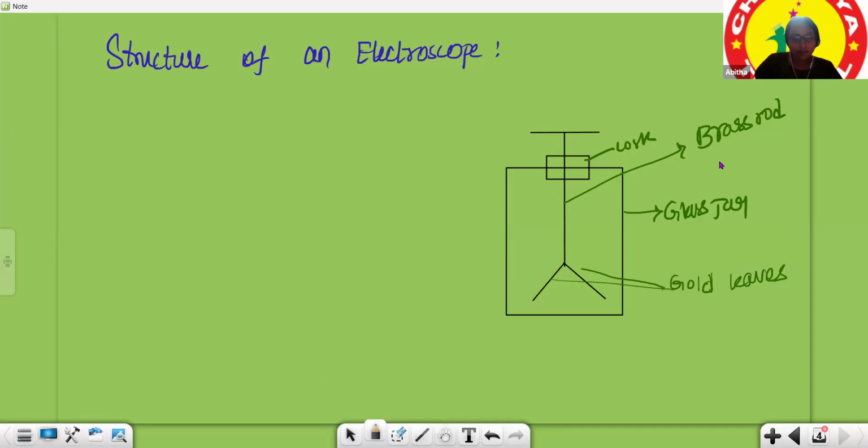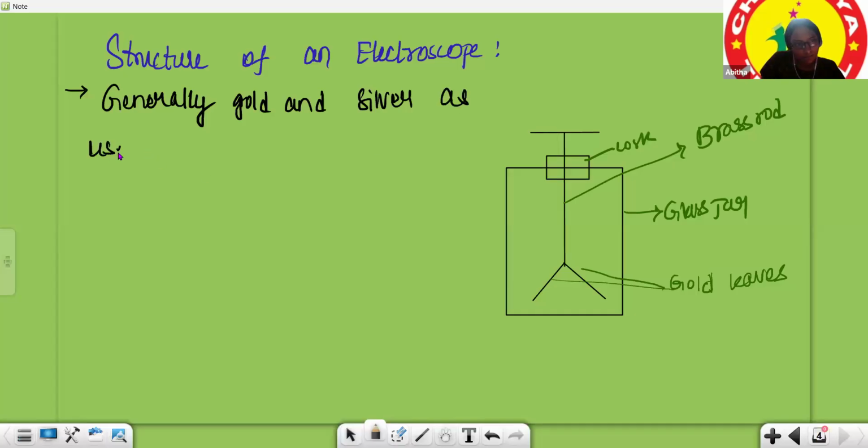So let's write about the structure. Generally, gold and silver are used to construct an electroscope.